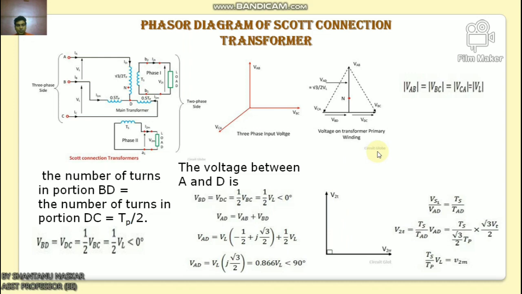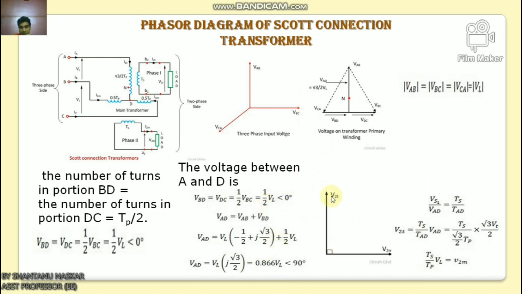So the teaser transformer has a primary voltage rating of root 3 by 2, or 0.866, of the voltage rating of the main transformer. Now voltage VAD is applied to the primary of the teaser transformer, and therefore the secondary voltage V2T of the teaser transformer will lead the secondary terminal voltage V2M of the main transformer by 90 degrees, which is shown in this figure.